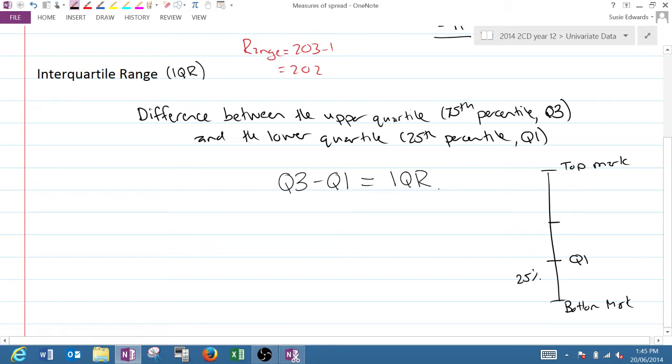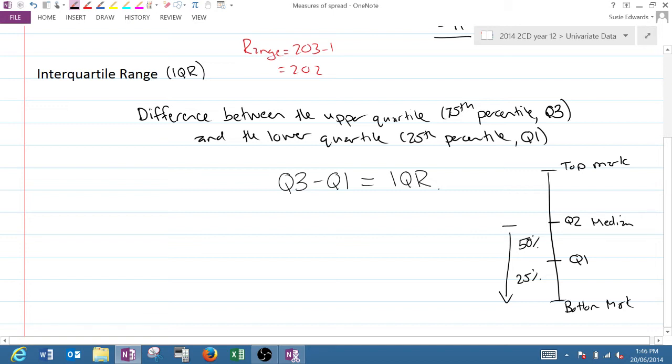What about the middle here? What would that one be? It's Q2. What's another name for Q2? Do you think? No. It's the median. Okay, so the median is where 50% of the data is below and 50% of the data is above. So it's not the mean, it's the median. It's like a halfway point.